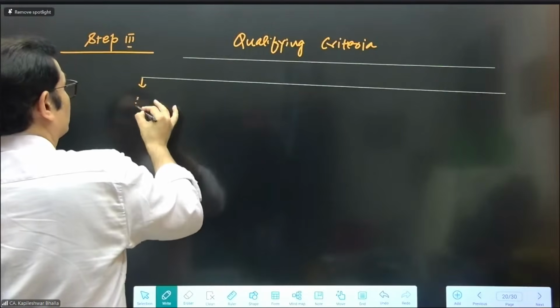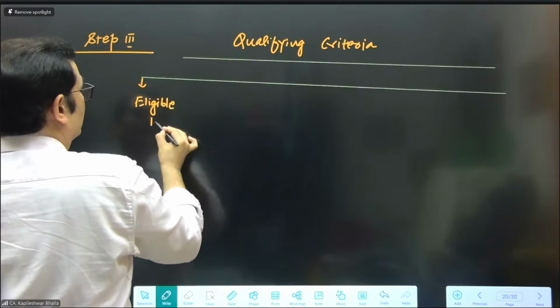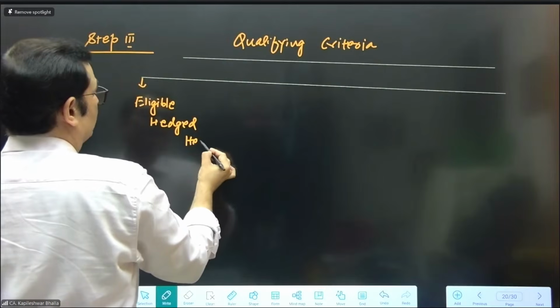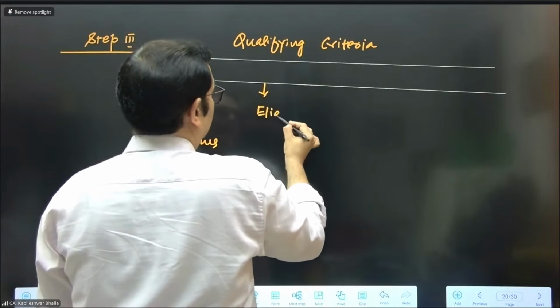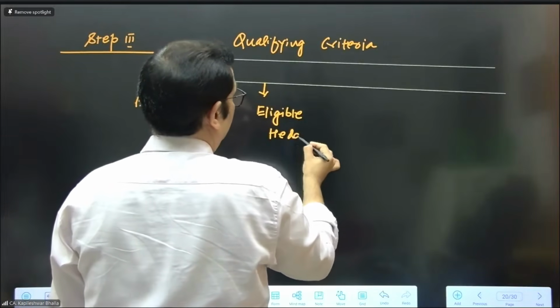You need to ensure that we have got a list of eligible hedged items. We need to see that there are eligible hedging instruments.